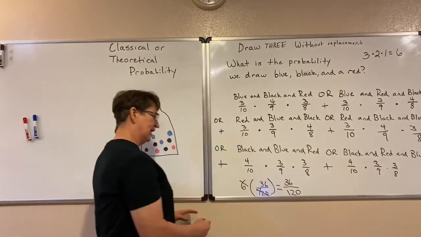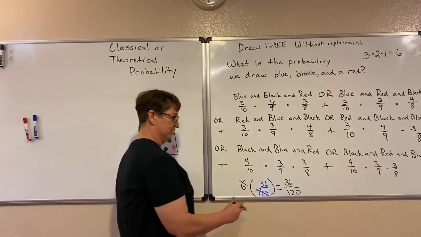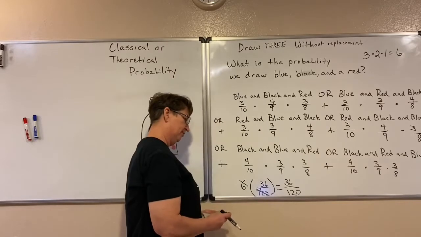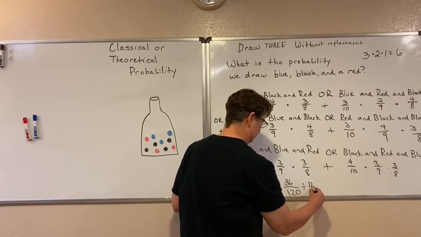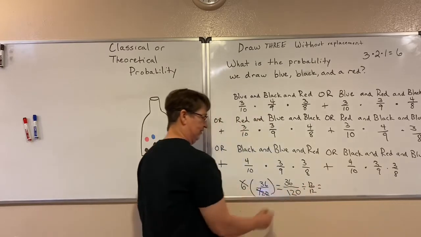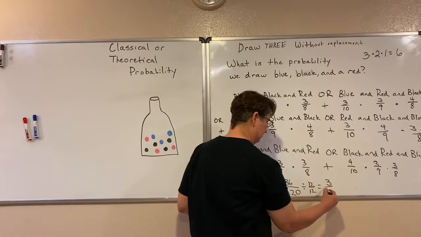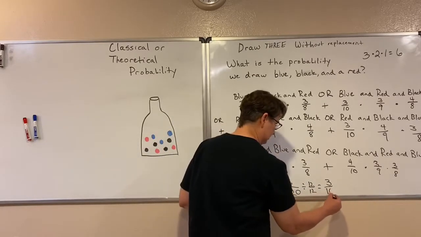So when I multiply 6 times 36 over 720, I get 36 over 120. I can divide the top and bottom by 12 over 12, a fancy 1 there. 12 goes into 36 3 times, and 12 goes into 120 10 times.